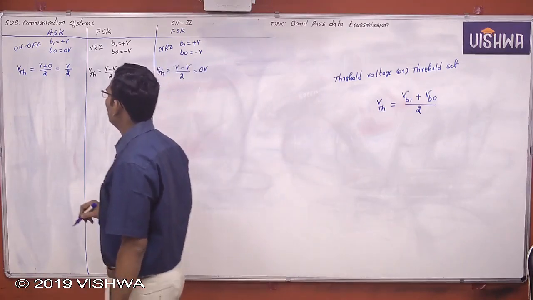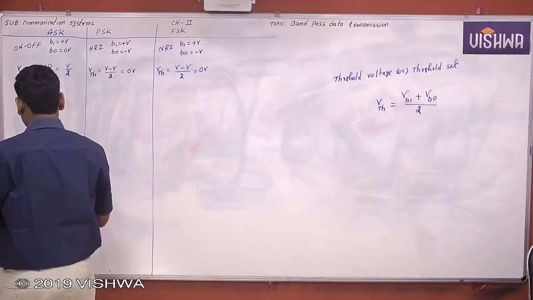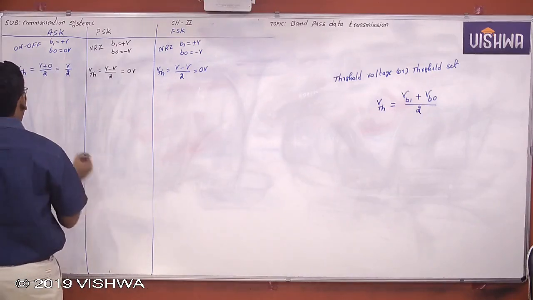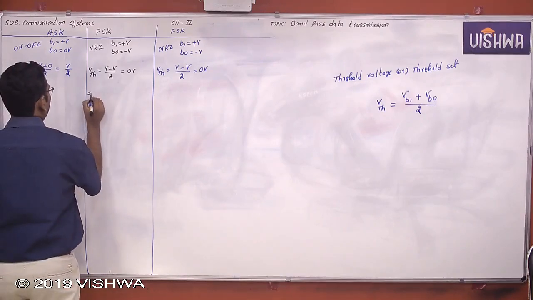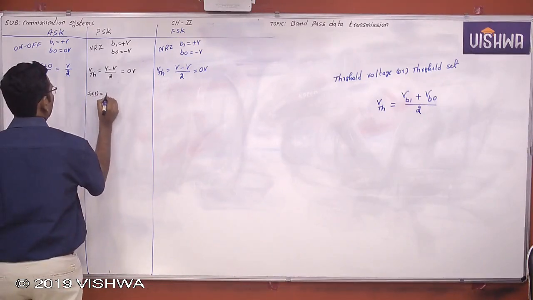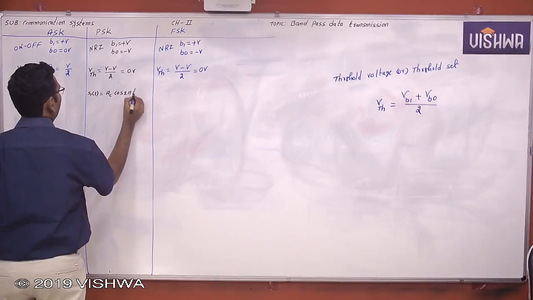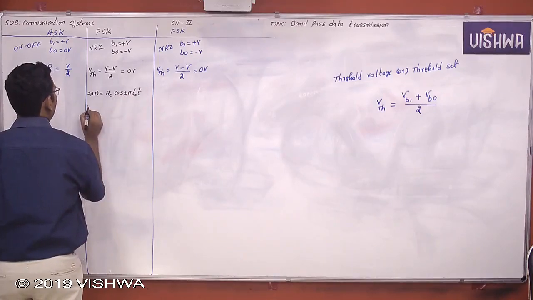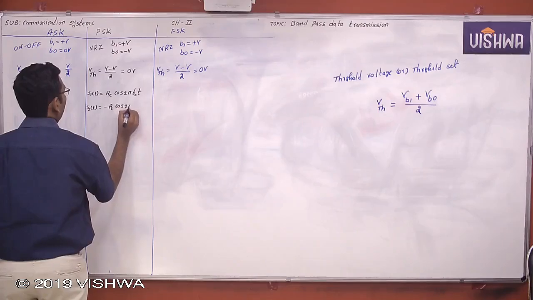This is the threshold voltage for ASK, FSK, PSK, and bandwidth. What is the modulated signal? The modulated signal S1 of t is equal to Ac cos 2 pi Fc t, and S2 of t is minus Ac cos 2 pi Fc t.